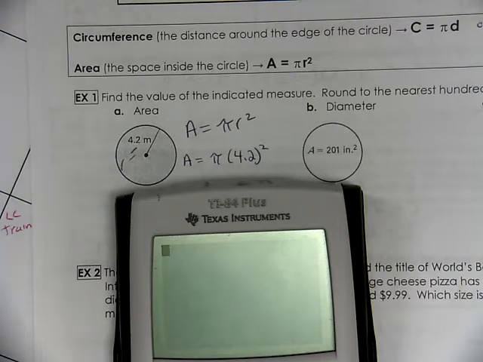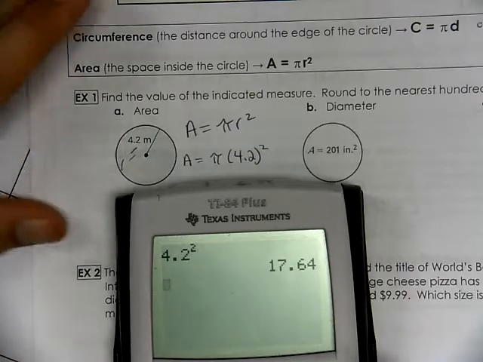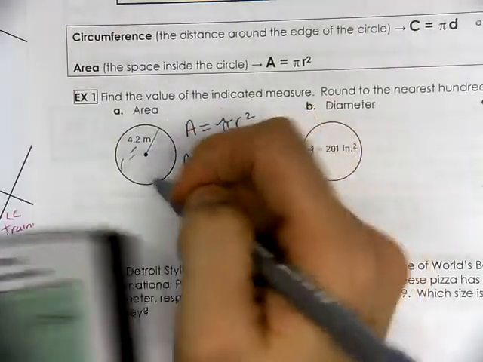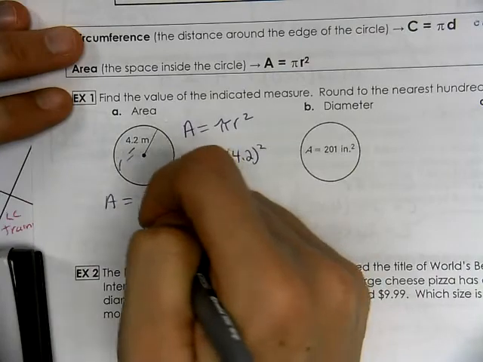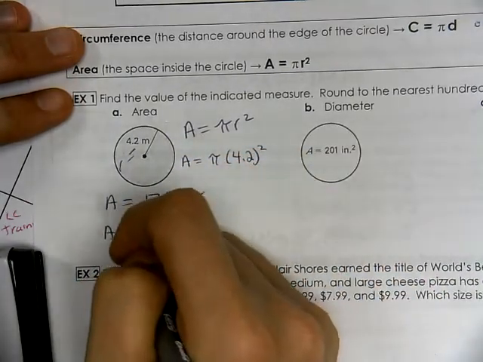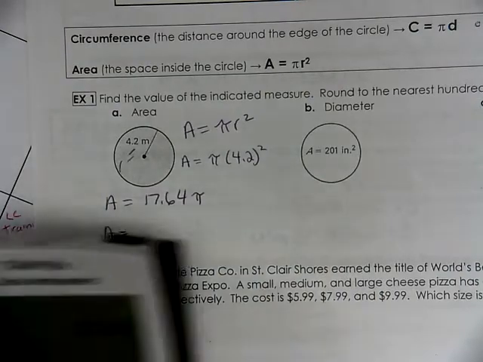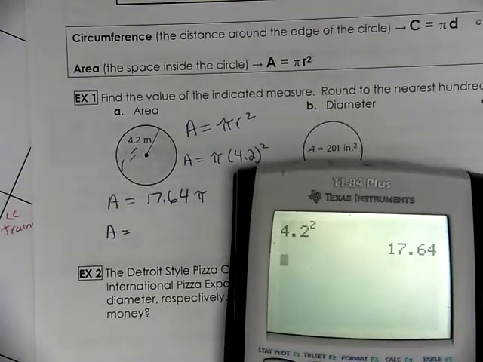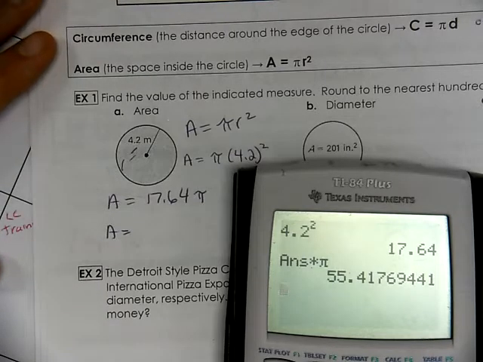Don't square the pi too. 4.2 squared. So our exact area is 17.64 pi. Our approximate, if I take this and I multiply it by pi, is 55.42.